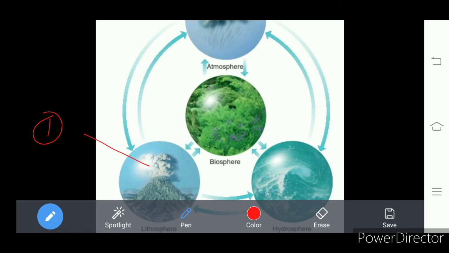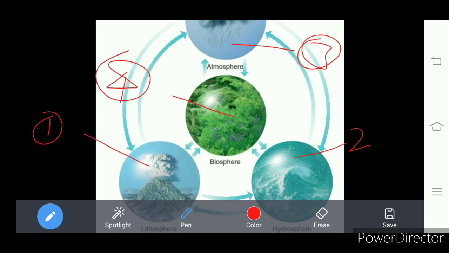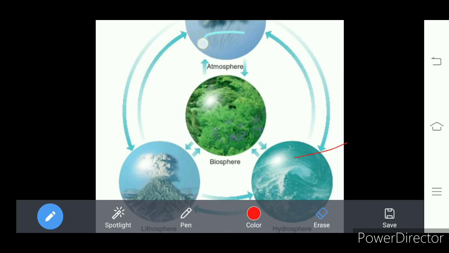This is the first one. Second is this hydrosphere. What do you see here? Water. And this is atmosphere. You see here gases. And fourth is biosphere, where plants are shown. So all these are the four layers we find on the earth surface. We find on earth surface four realms.